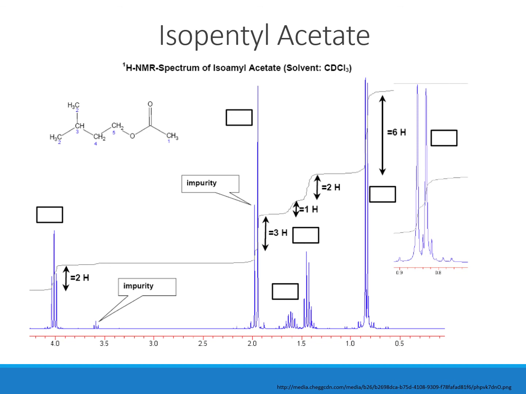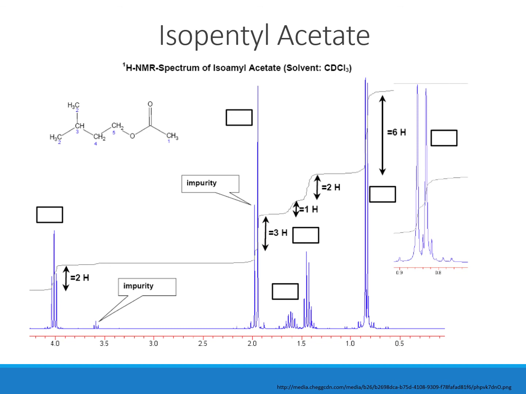Isopentyl acetate is an organic compound with an interesting spectrum, because this compound can also appear with spectra that are not expected. As you can see, the methylene next to the carbonyl carbon is neighbored by no protons and appears as a singlet.